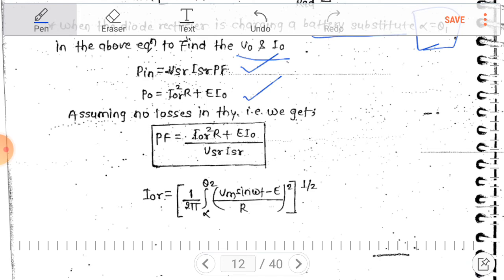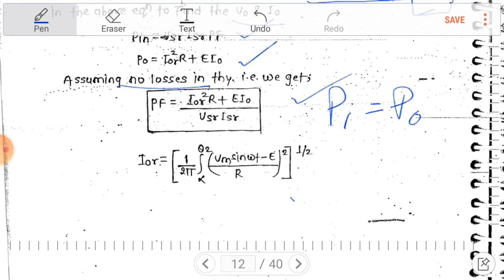So the power dissipated in resistance can be determined by RMS current, and power in battery can be found by using average current. So this is the concept we have to consider here. So power factor is (I0R square R plus E into I naught) by (VSR into ISR), by assuming that there is no loss in the thyristor and equating P output equal to P input.